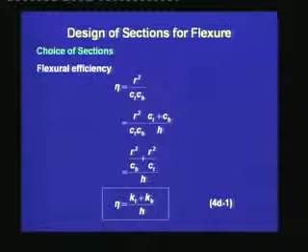Thus, eta is equal to the kern zone depth, which is represented as Kt plus Kb divided by the total height. That means for a section of a certain height, if we are able to increase the kern zone, then the flexural efficiency goes up.